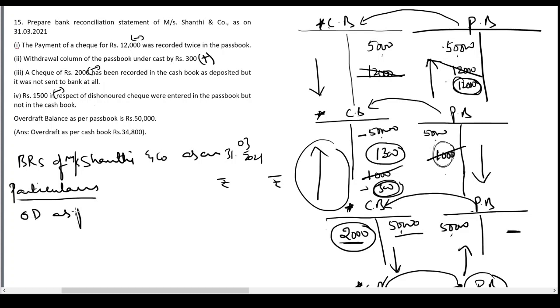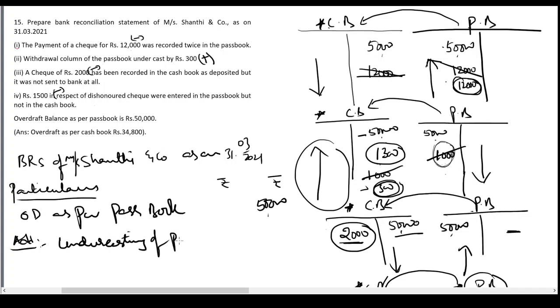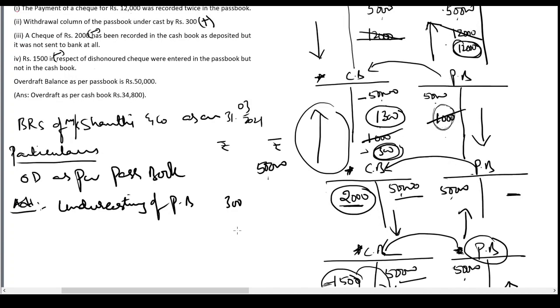Overdraft as per passbook, rupees 50,000. Add. There is one item of add: undercasting of passbook, rupees 300. There are 3 less items.